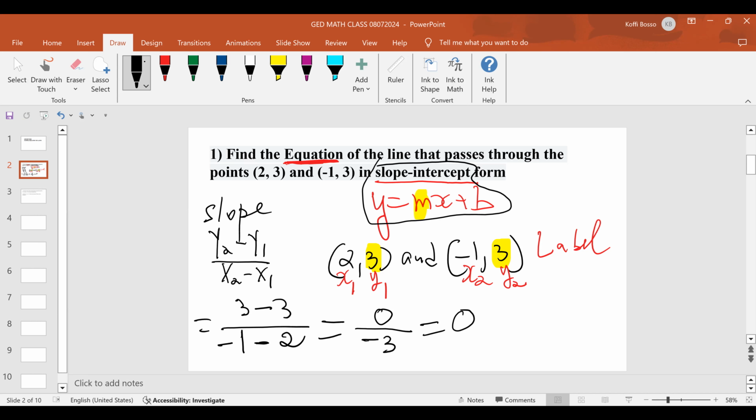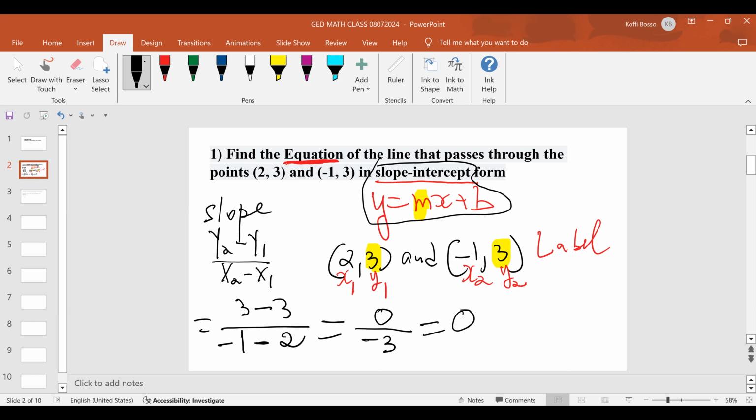But let me ask you, the slope here is 0, right? So how do you think the line is going to look when we draw the line through the two points? It's going to be a horizontal line. Remember, for a horizontal line the slope is 0. It's not a line going up or going down. It's just straight, something like that.